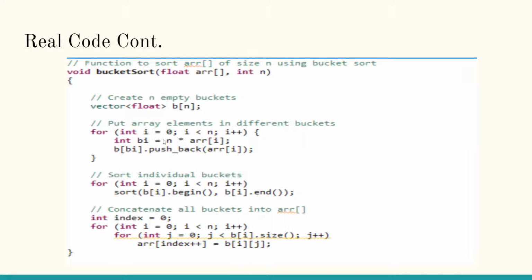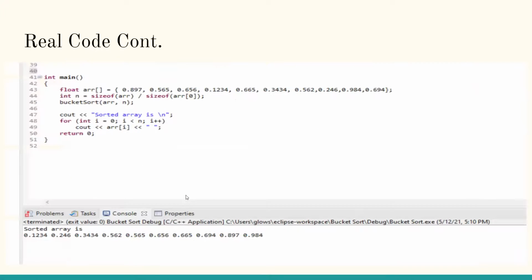And again, in both of these, I used functions that I got from my includes just to make it simpler. And then after that, we add all of them back together into the original array and you get your sorted list. And then this is just to show off that it actually did sort the array, as this was what was put into it. And if you look down here, you can see that it is now sorted, which is pretty cool.